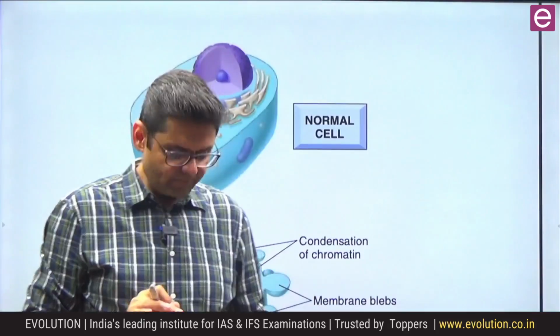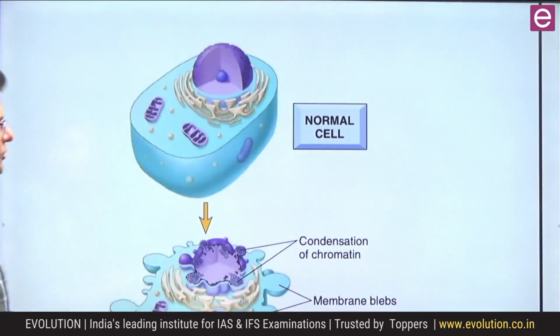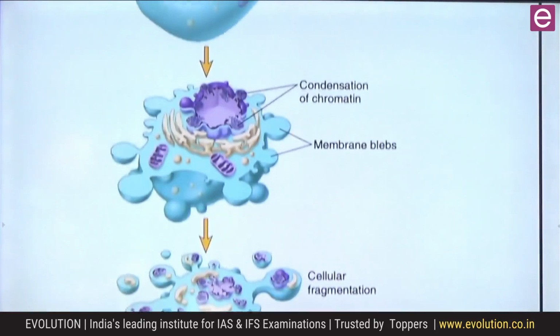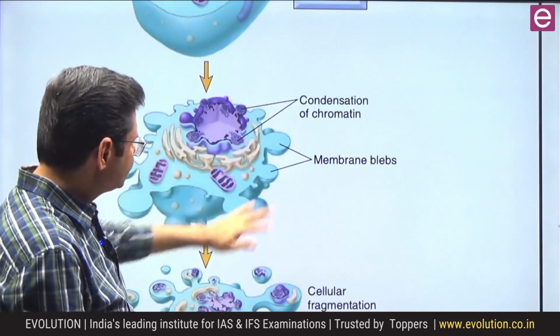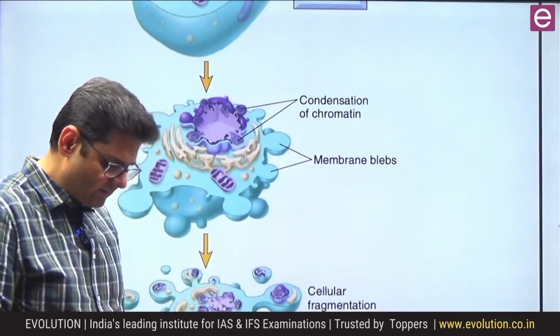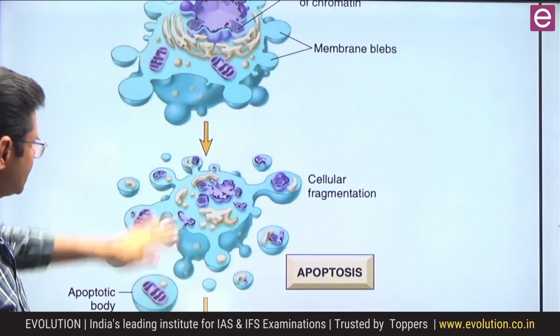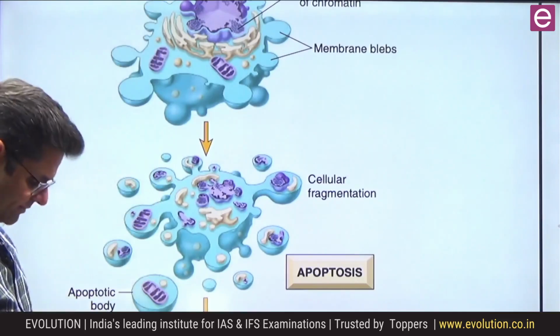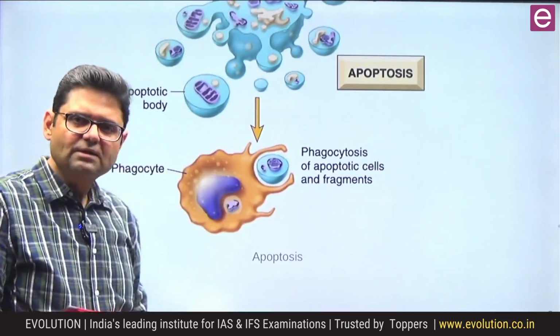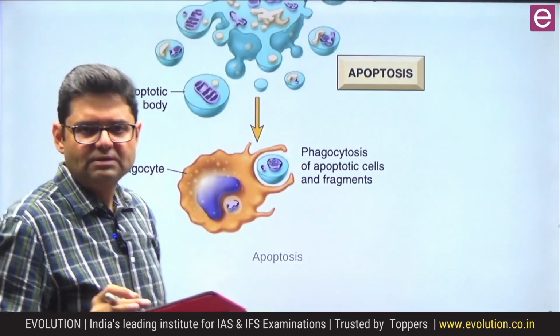If you see here, a normal cell goes through chromatin condensation and everything. Membrane blebs are getting formed, and after that there will be cellular fragmentation. These fragments released from the cell are phagocytosed mostly by macrophages.